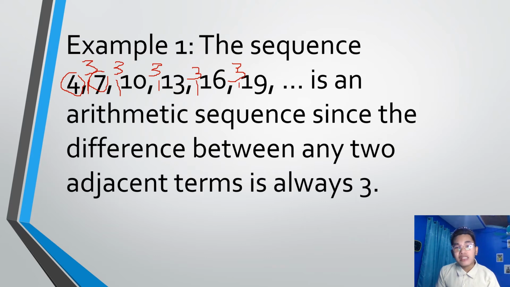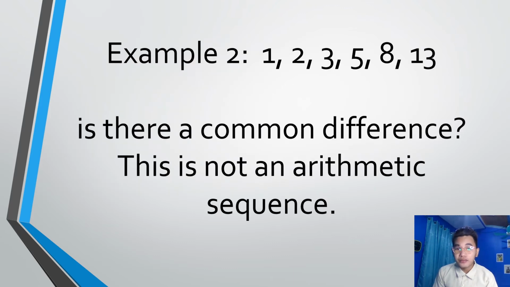If ever they are not equal, it is no longer called an arithmetic sequence. So an arithmetic sequence differs from the preceding number by a common difference, a constant number, which should be equal. Okay? Do you understand the common difference?